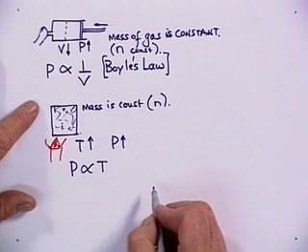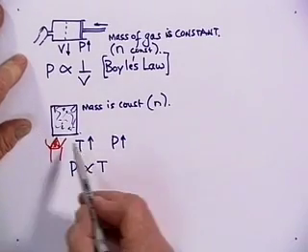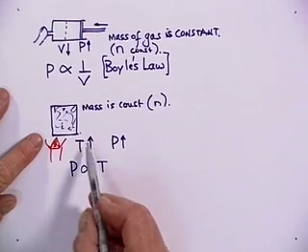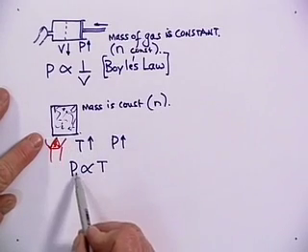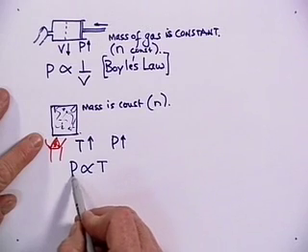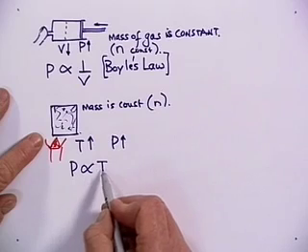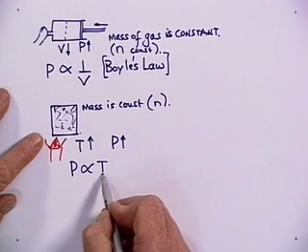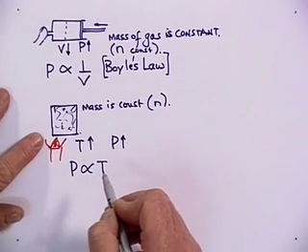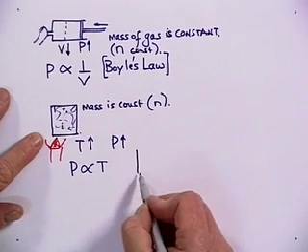P is proportional to T. There's just one thing we must say here: as we write these proportionalities, if I want to write pressure proportional to temperature, then I must use the scale of temperature at which the pressure will be 0 when the temperature is 0.